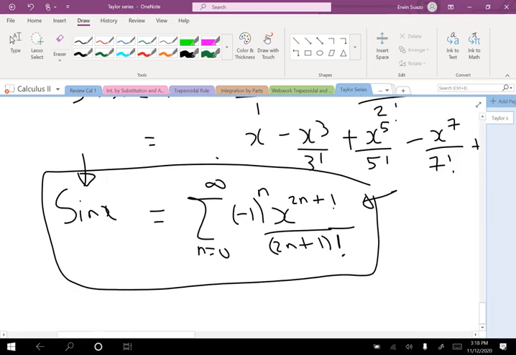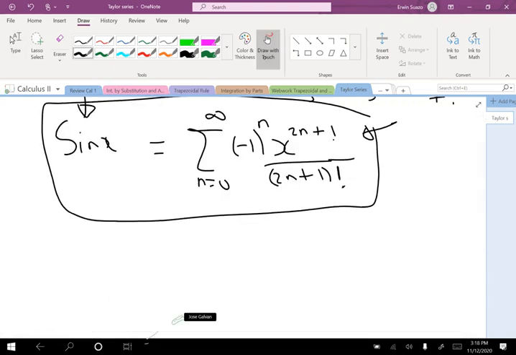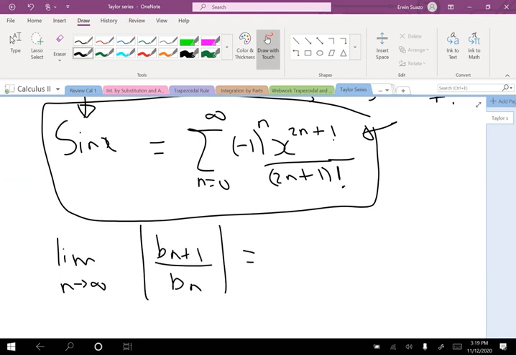Okay, so now let's do the limit. I need to find my ratio test to know when this series is convergent, and if it's ever convergent. It could be that it's not convergent for any x. So we need the limit as n goes to infinity of b sub n plus 1 over b sub n, right?